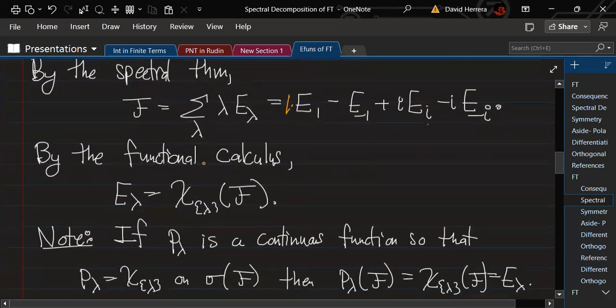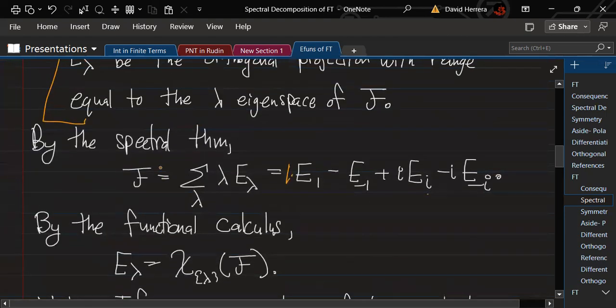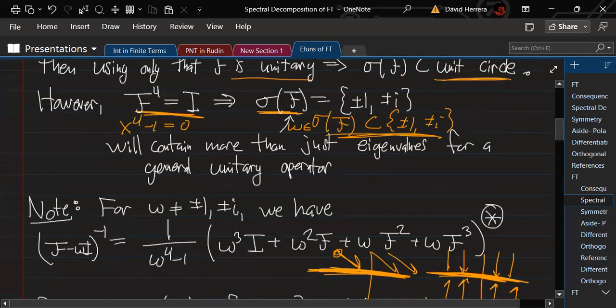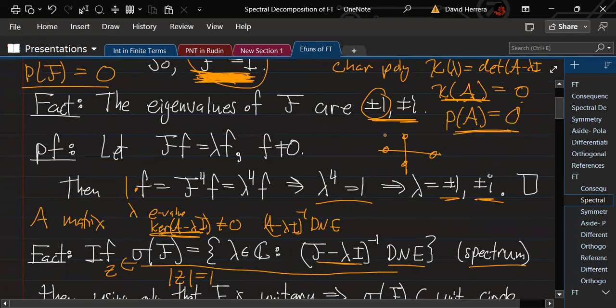By the functional calculus, which I have to explain: the idea of functional calculus is that you look at the spectrum here, which has these points. Any function of the Fourier transform, maybe a polynomial, some kind of function, for polynomials it turns out to be true.